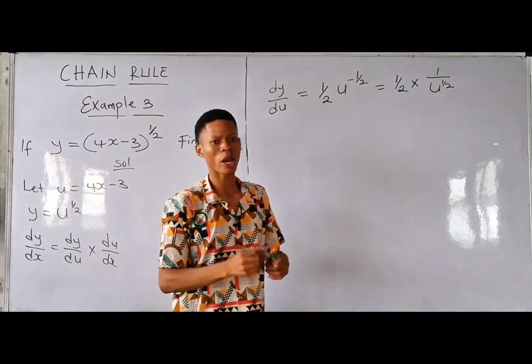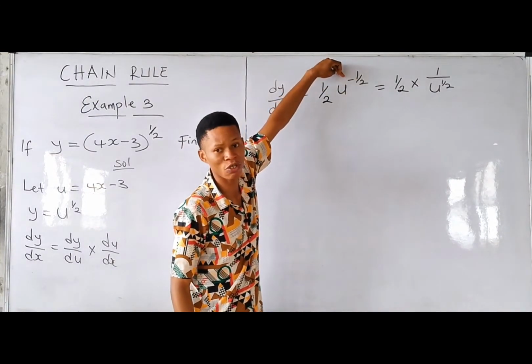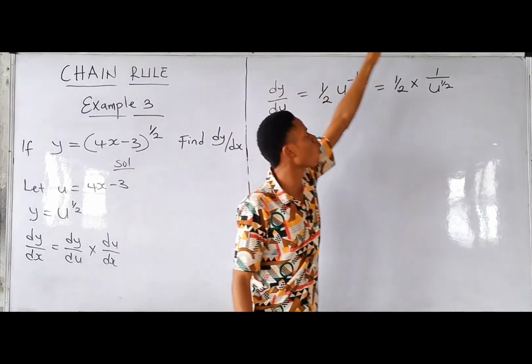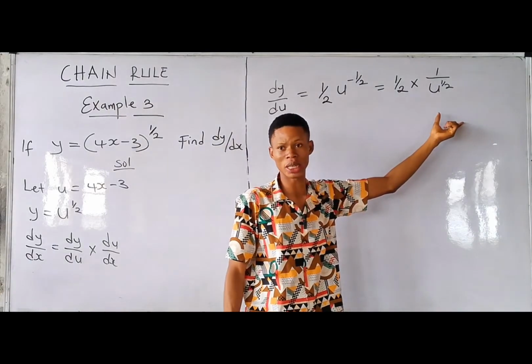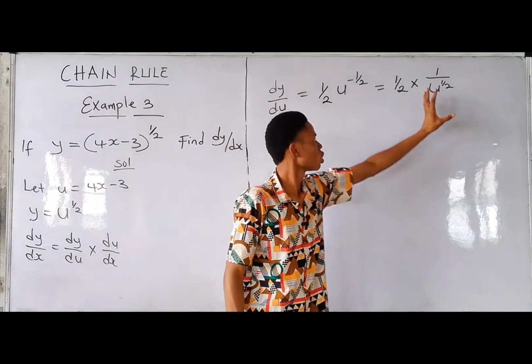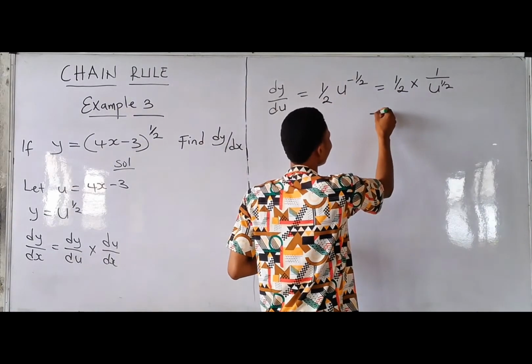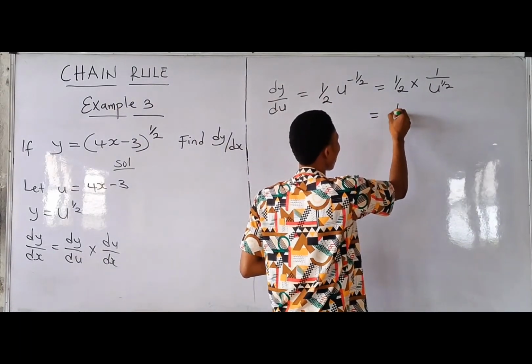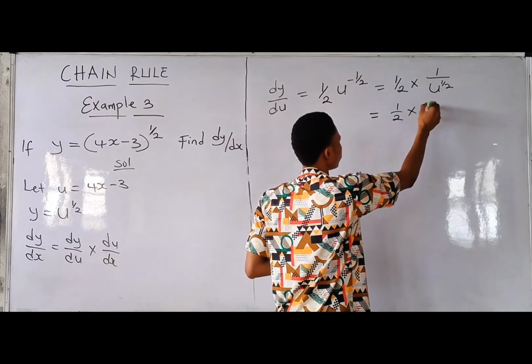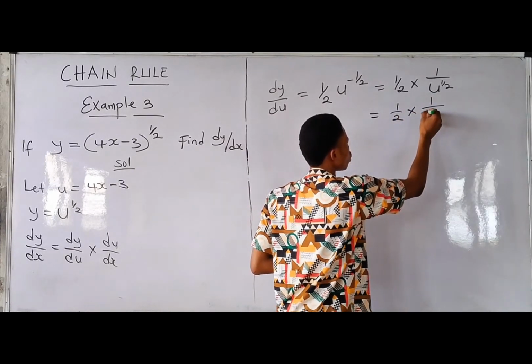Because from indices we were told that to remove negative as a power, you do 1 over the positive index. Is it not? So this is the same thing as this. And you agree with me that this is the same thing as saying 1 over 2 times 1 all over square root of u.